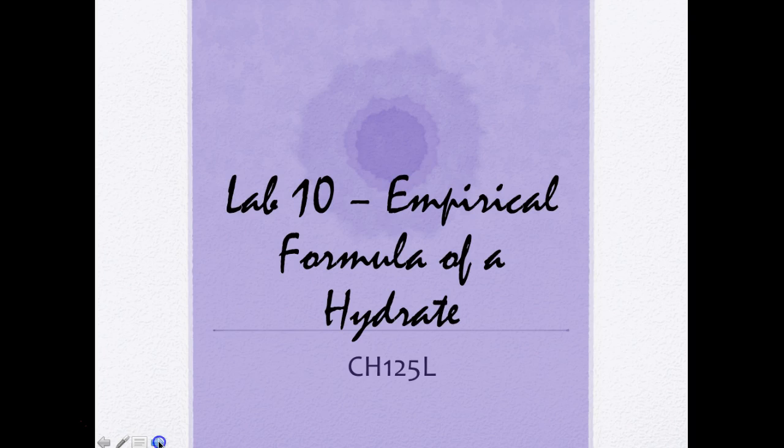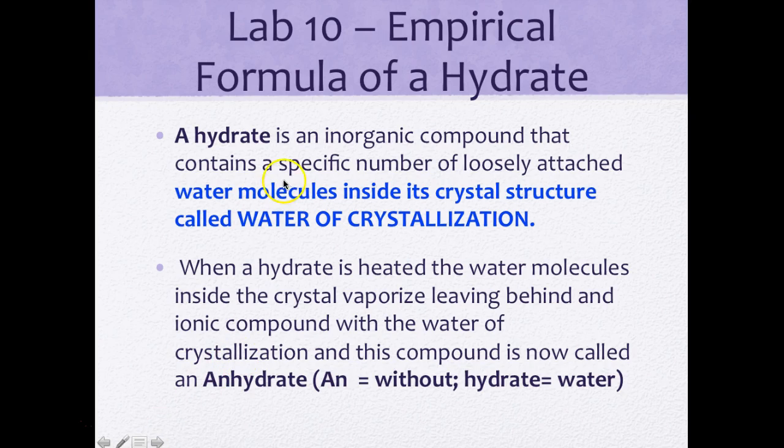Okay. So a hydrate is an inorganic compound that has a very specific number of loosely attached water molecules inside its crystal structure. This water is referred to as the water of crystallization, or sometimes water of hydration.